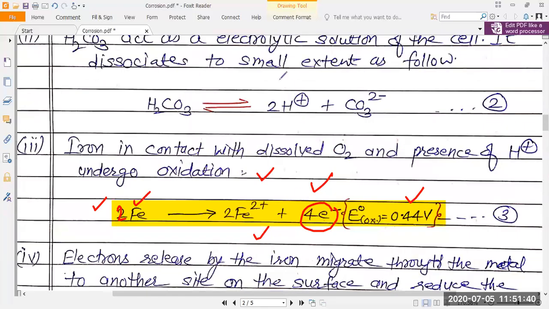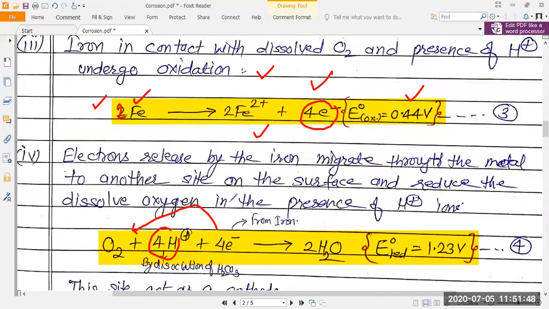This is the carbonic acid, and the carbonic acid dissociates into 2H plus and CO3 2 minus. So consider that 4H plus are reacting with water. To balance, we take here 4H plus, and the H plus comes from the dissociation of carbonic acid, and these four electrons come from the iron, from the anodic portion.